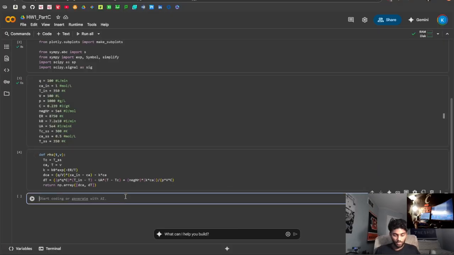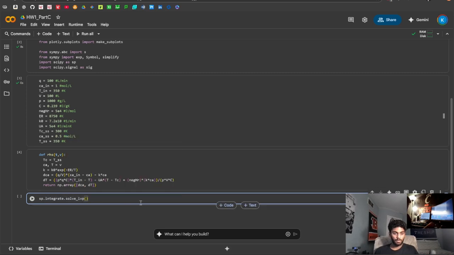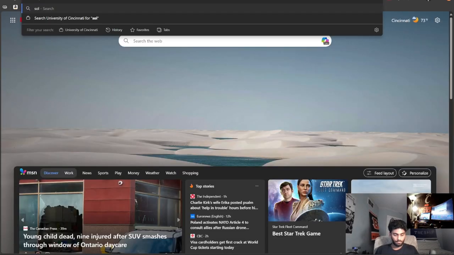Now let's use our solve IVP function. So we're going to go sp dot integrate underscore, I believe, solve IVP. Or is it dot solve IVP? Let me look it up.